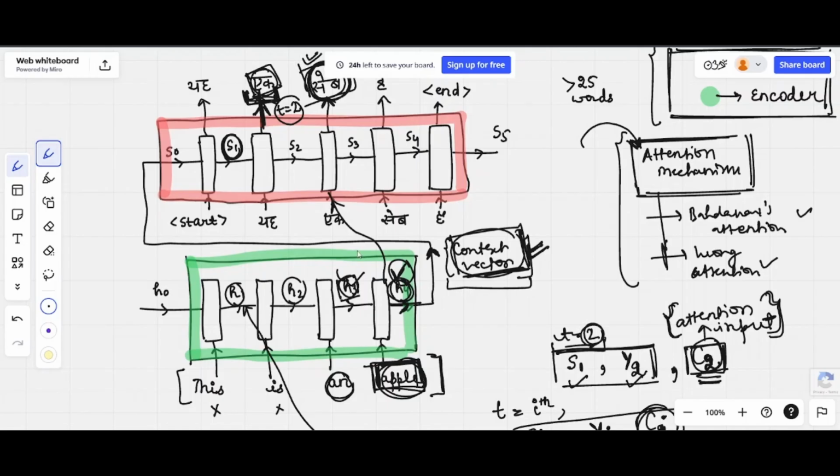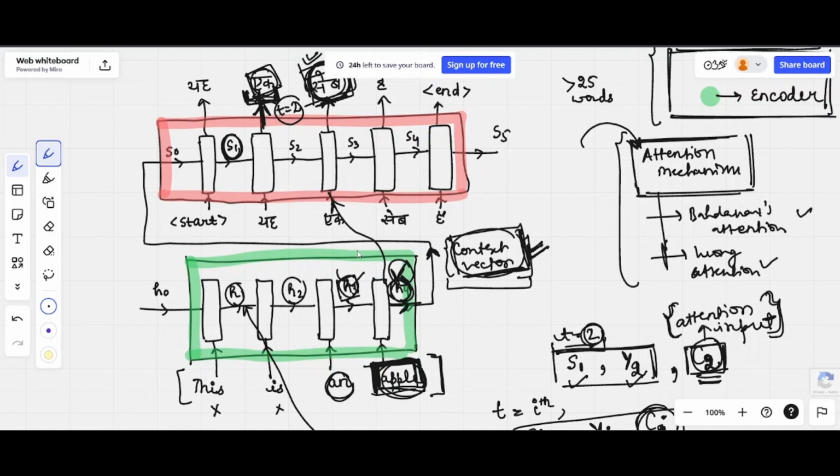What we are saying is that in order to get output as save, this hidden state h4 that is coming from Apple's input is the most important one.